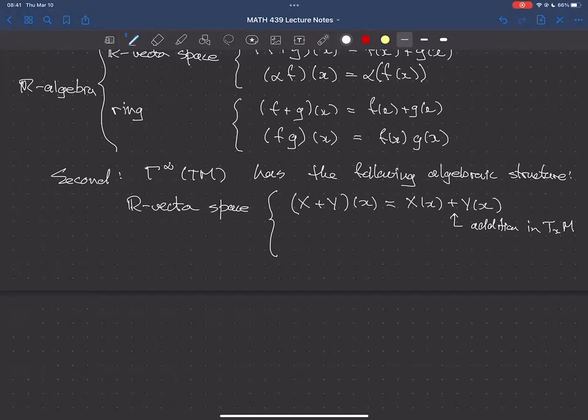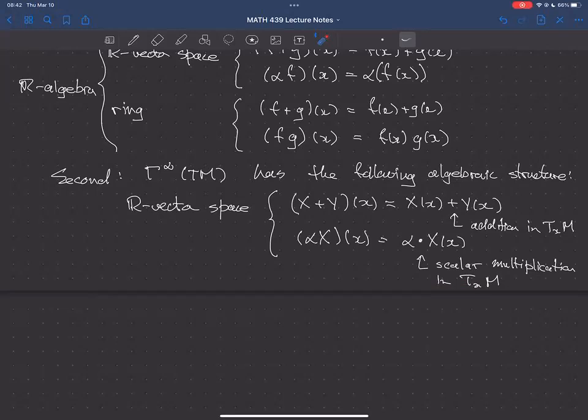And then similarly to multiply a vector field X by a scalar alpha, it's the same thing. This is scalar multiplication, again, in the vector space which is the tangent space at x. And so the point is that the vector space structure for the space of vector fields comes from the vector space structure for the tangent spaces.